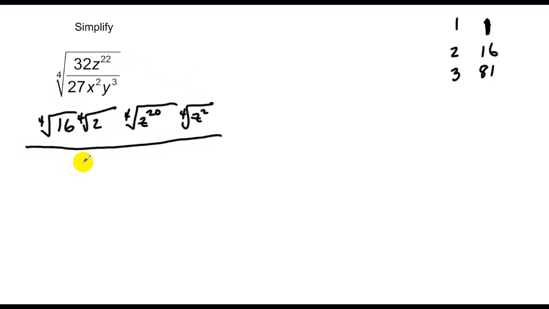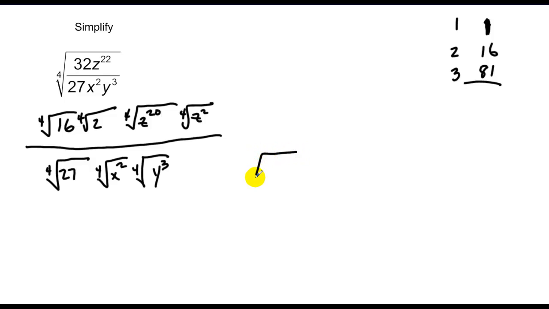I'm going to split all these up just like I did in my last example. Fourth root of 27, fourth root of x squared, and fourth root of y cubed. Now I need perfect fourths to be able to get these out of the radicals. So my first perfect fourth dealing with the number is 81. To get 27 to an 81, I need to multiply by a 3.